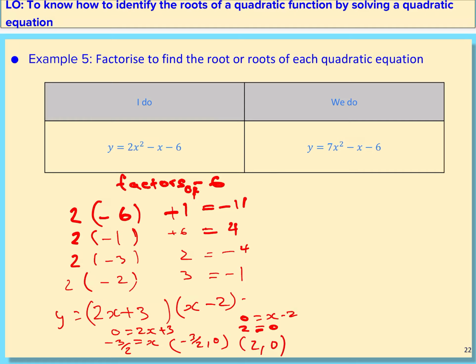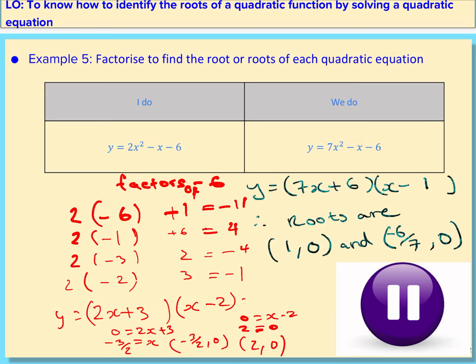So 0 equals 2x plus 3. One root is -3 over 2. Then we solve for x again, so the other coordinate will be 2, 0. All right, I want you to pause your video and have a go at the we do question.